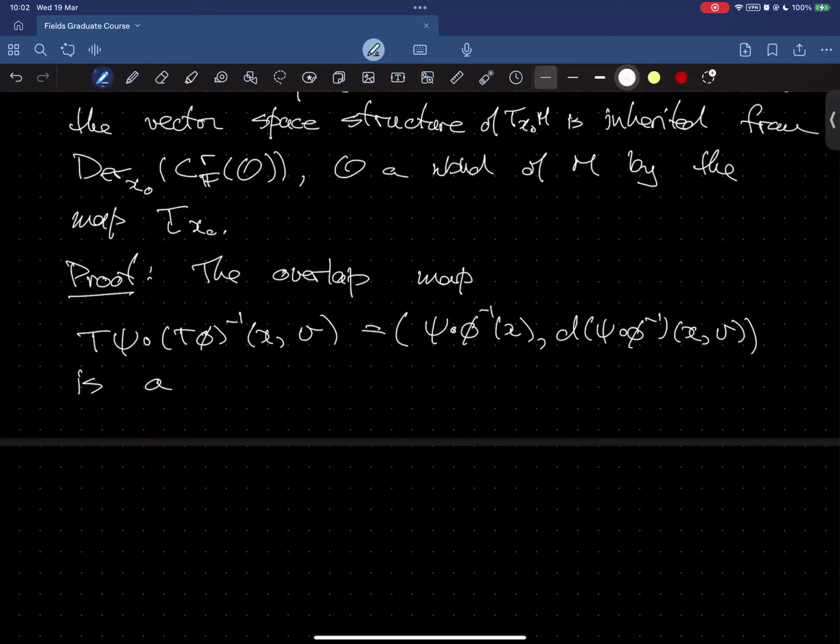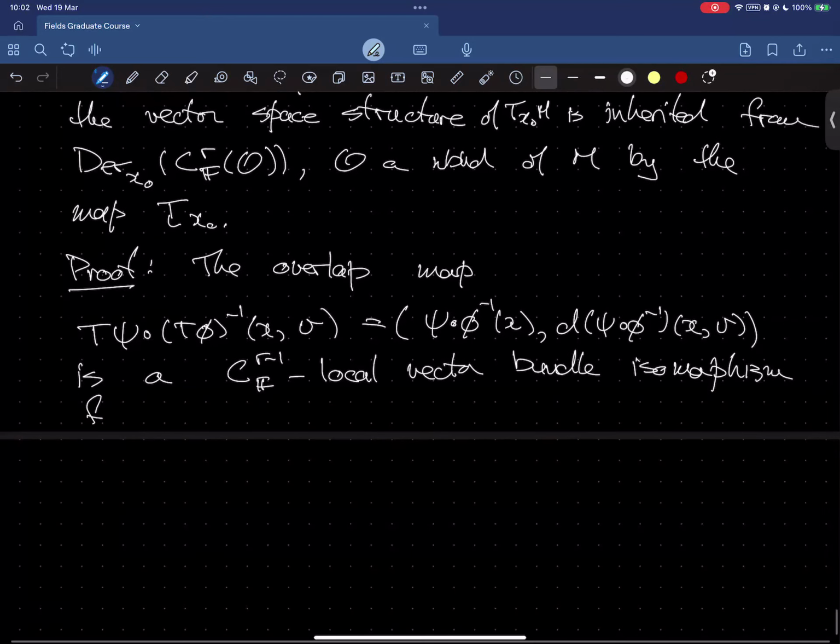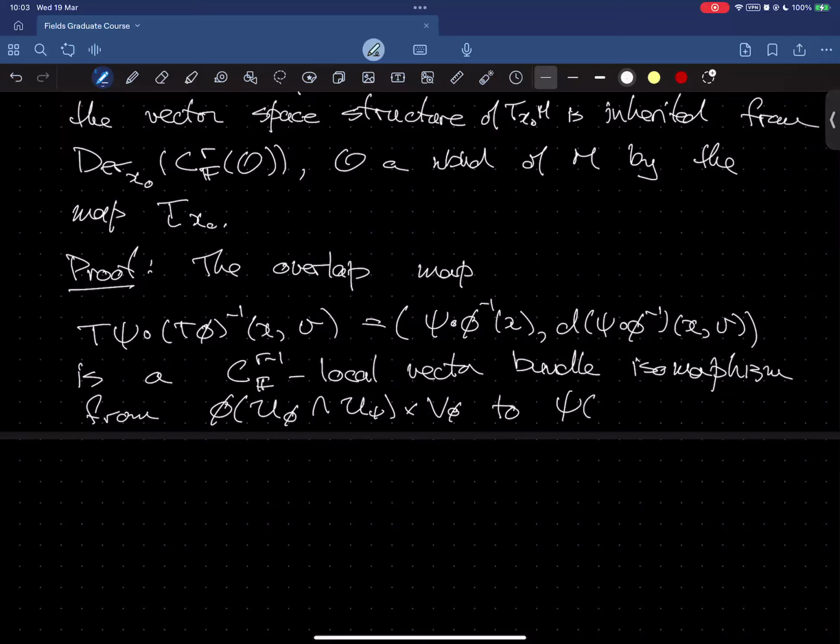So, in fact, it's a C^(r-1) diffeomorphism from phi of the intersection cross R^n to psi of the intersection cross R^n.